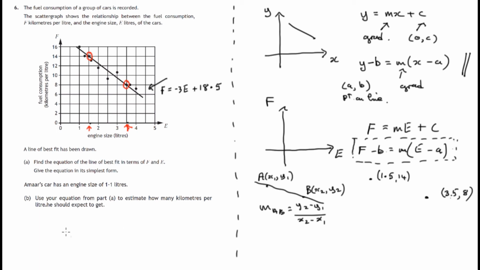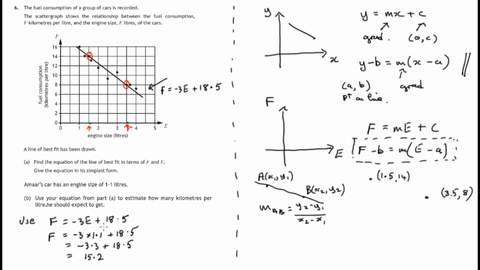So we have to use the equation that we've found, f equals negative 3e plus 18.5. Now the engine size is 1.1, we know the value of e, it's 1.1. So f, petrol consumption, will be negative 3 times 1.1 plus 18.5. So 3 lots of 1.1 is 3.3, so we have to take away 3.3 from 18.5. So that'll be 15.2.